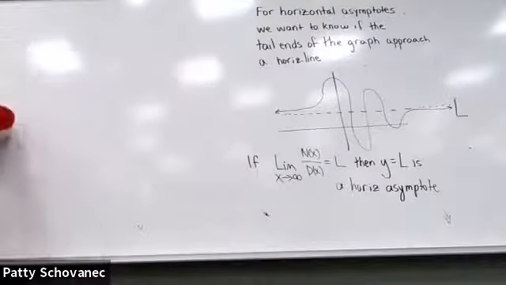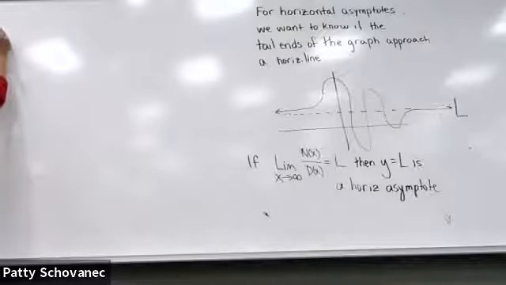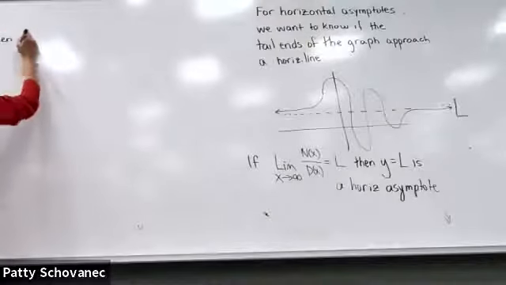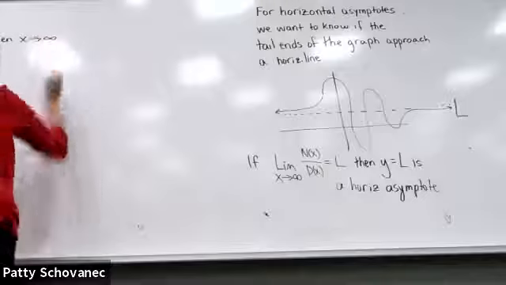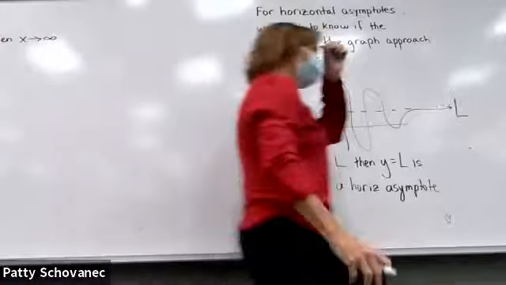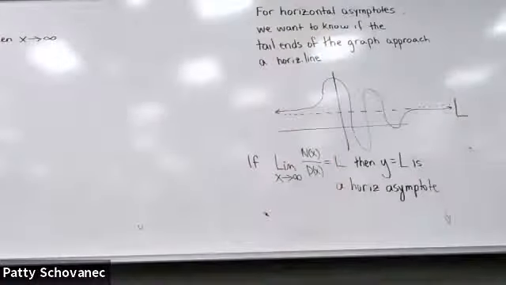So let's look at this. Let's look at y is equal to 1 over x. What happens to this, that is y, when x is real big? What is y when x is really, really big?